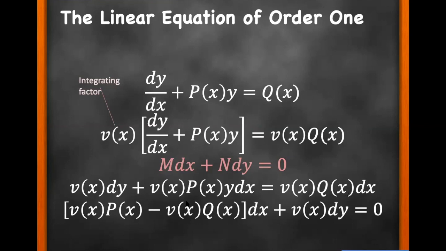So this is the resulting equation, where our m is v of x times p of x times y minus v of x times q of x, times dx, plus v of x dy. So this is our m times dx, and our n here is this one times dy.